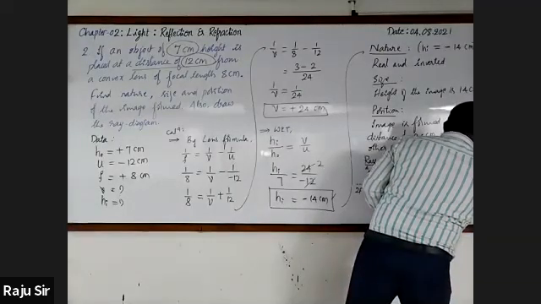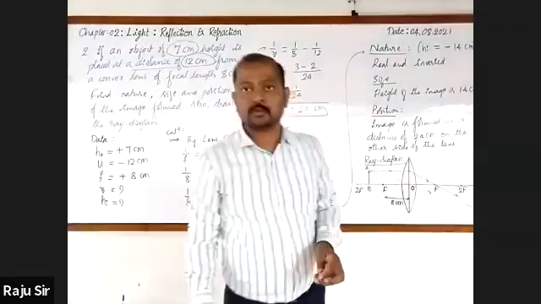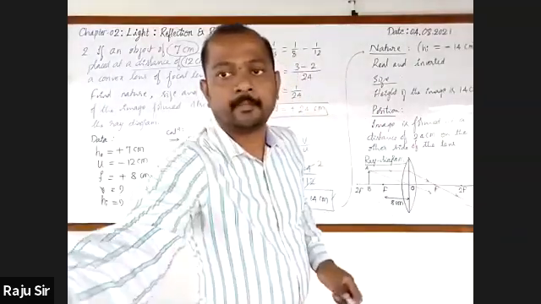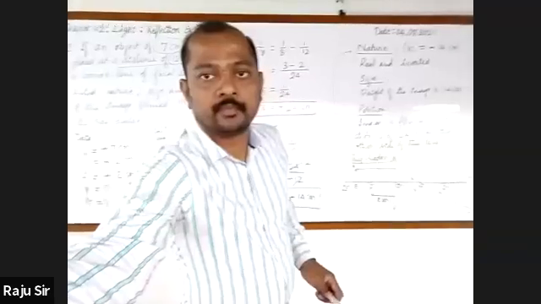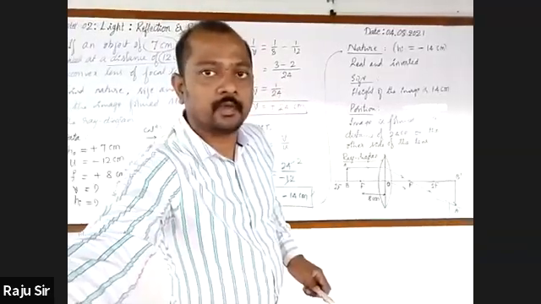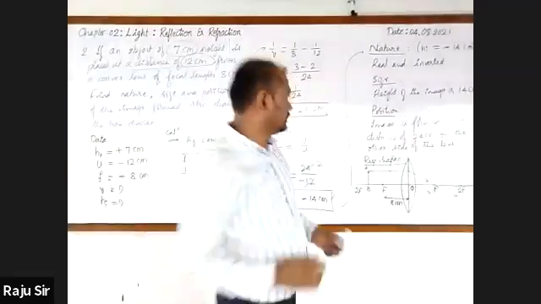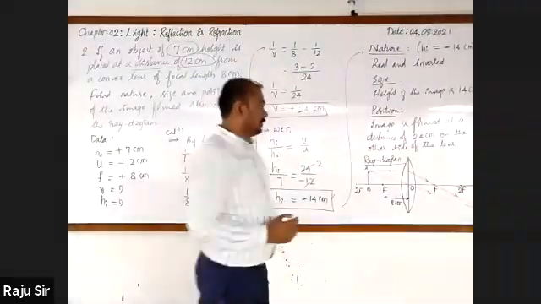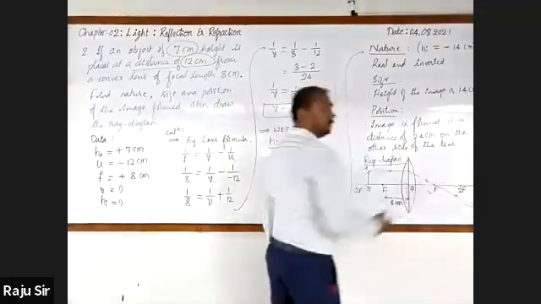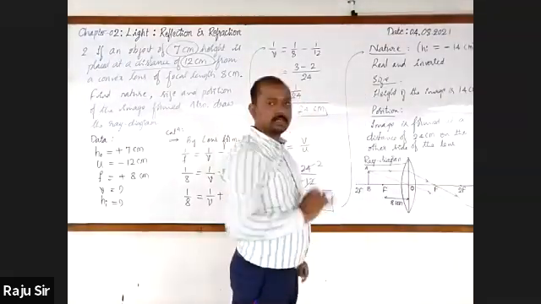Name it as A dash, B dash. The image is formed like this. It is beyond 2F. This is the ray diagram.